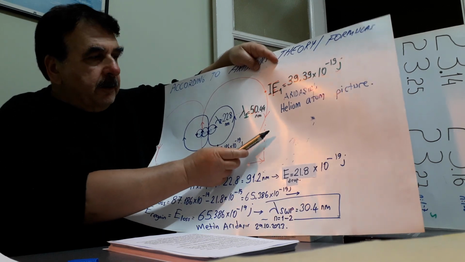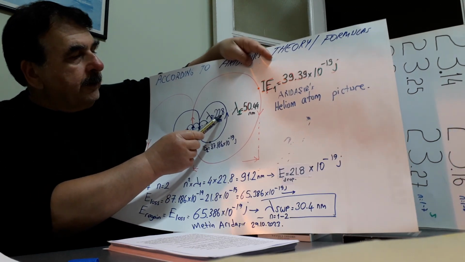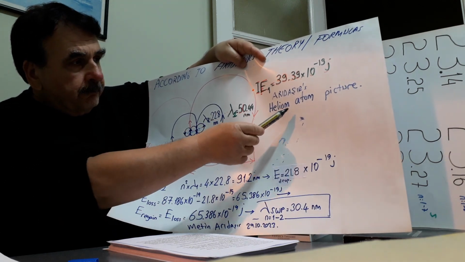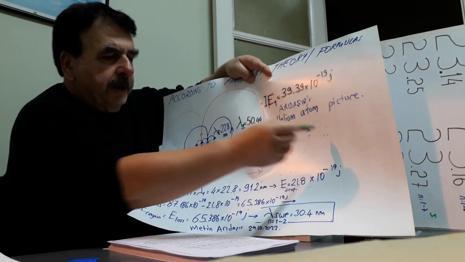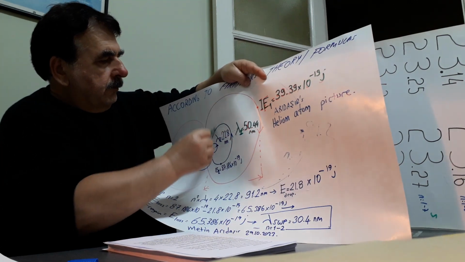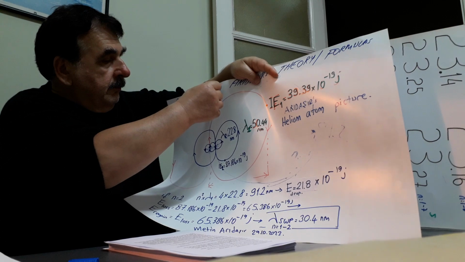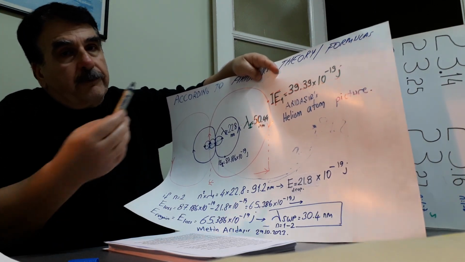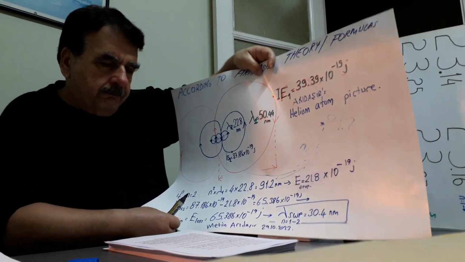It expands from 22.8 nanometer initial wavelength to what? 91.2 nanometer. Expands, okay, by the effect of the second successive waves of a free electron motion form.